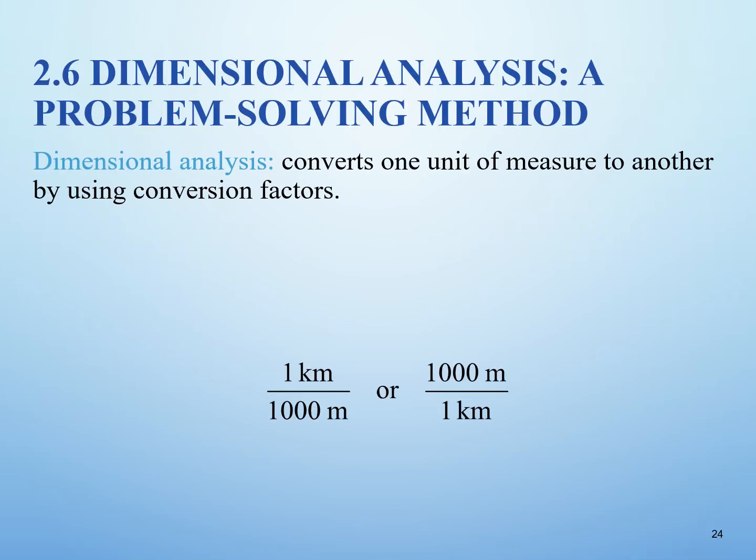So since we've been showing you dimensional analysis, here's the same idea. We know that 1 kilometer and 1,000 meters are interchangeable. And we use this to our advantage. You can either arrange it like this or like that to use for our calculation to change units.